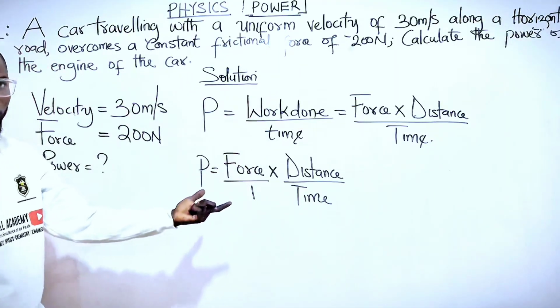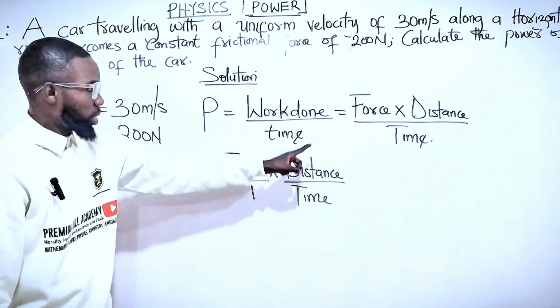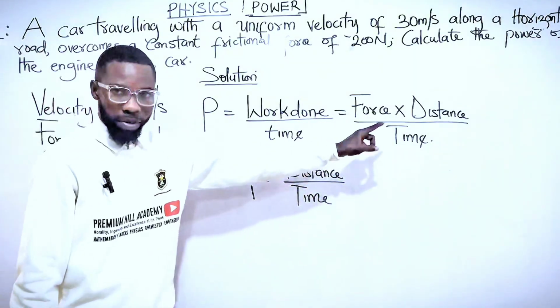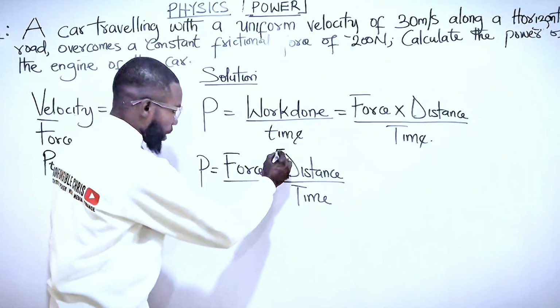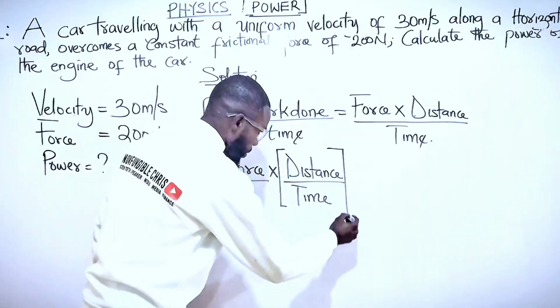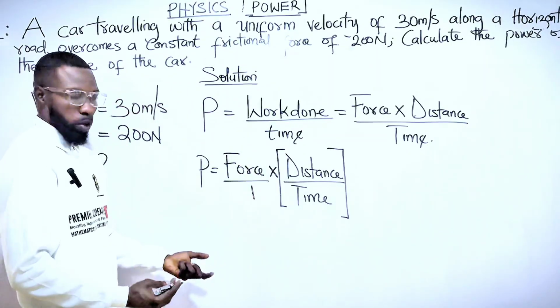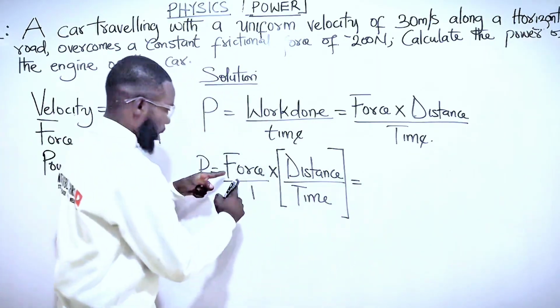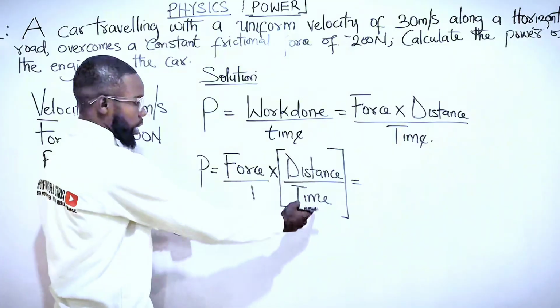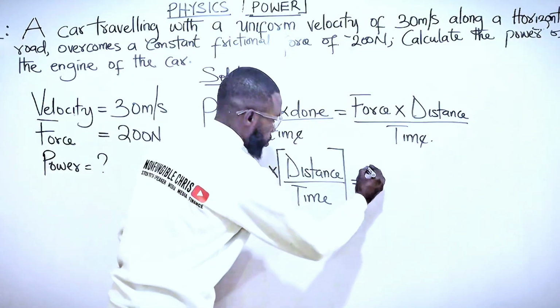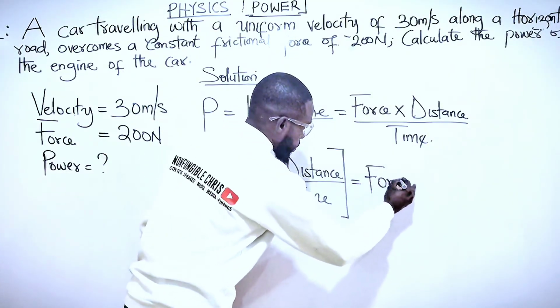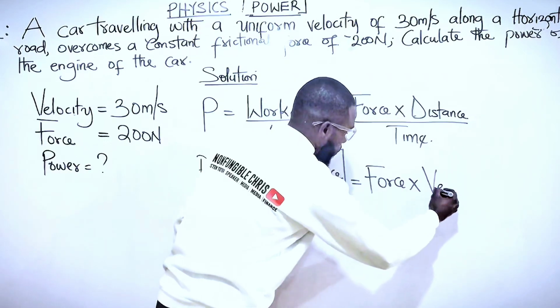This and that are the same formula. But we know that distance over time is the same thing as velocity. So we can say the formula is force times the parameter we're given here, velocity. So we have force times velocity.